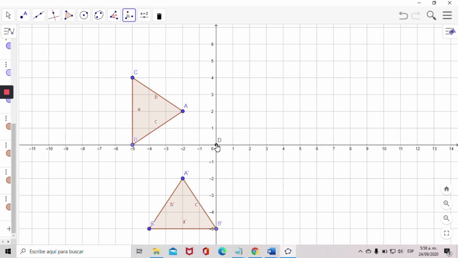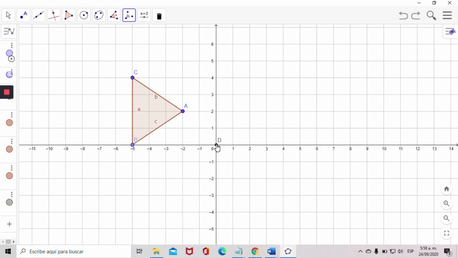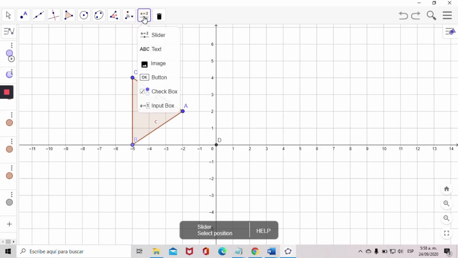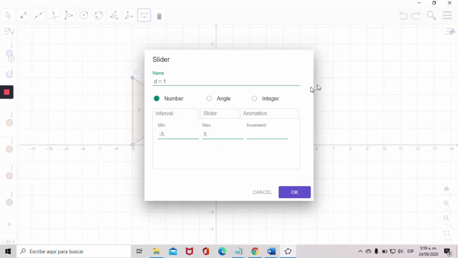Now I am going to show you a fantastic tool here in GeoGebra, which makes it easier and faster, and it is the slider. I'm going to place a slider wherever I want.